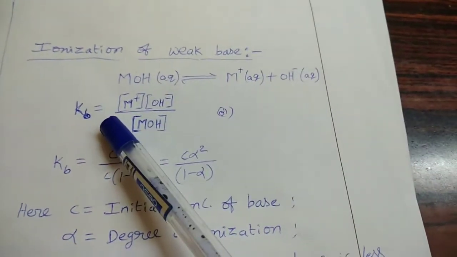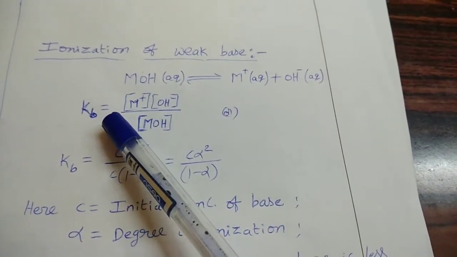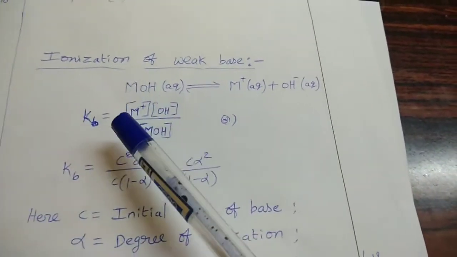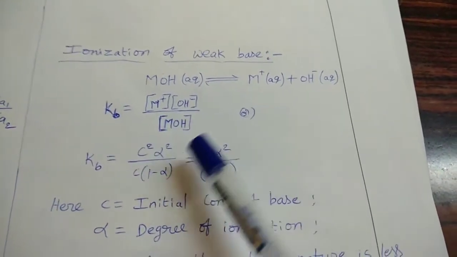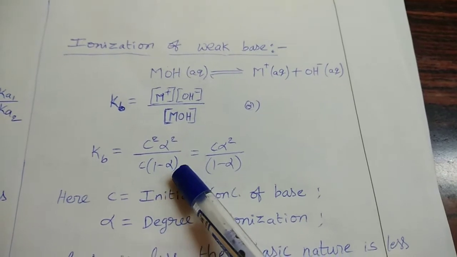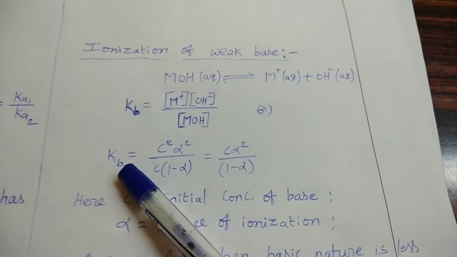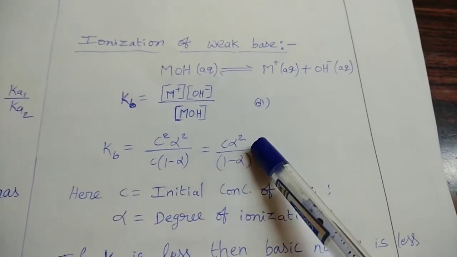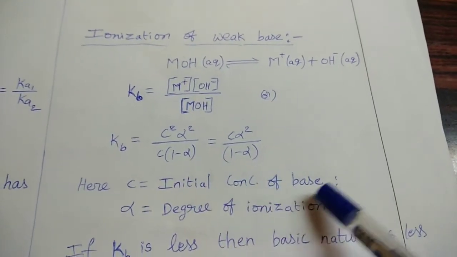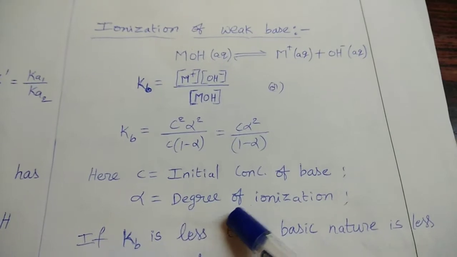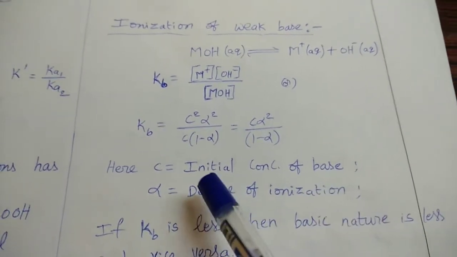Here Kb means base ionization constant of a weak base. Same Kb we can write in terms of alpha, degree of ionization. So Kb equal to C alpha squared by 1 minus alpha. Here C equal to initial concentration of the base, alpha equal to degree of ionization.